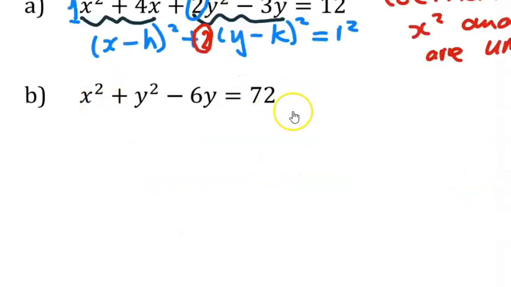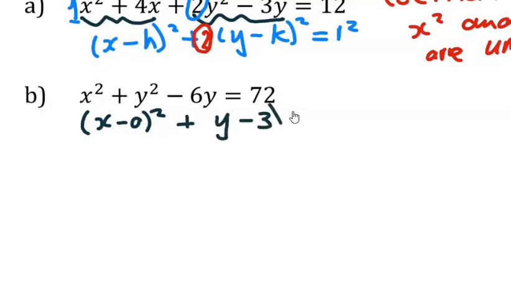If I look at the next one, then I can write it as (x − 0)² for the x part plus (y − 3)², but then I added 9, so I must also add it on the other side. And you can go the slower way.